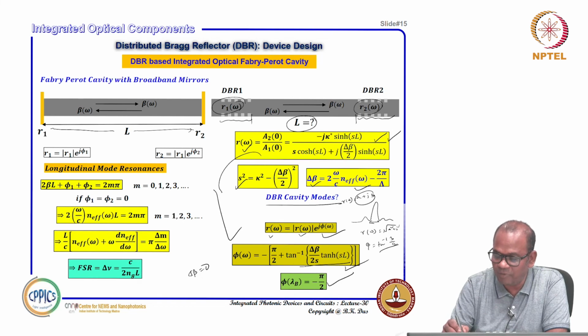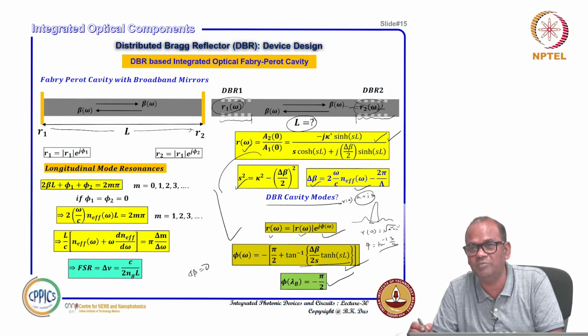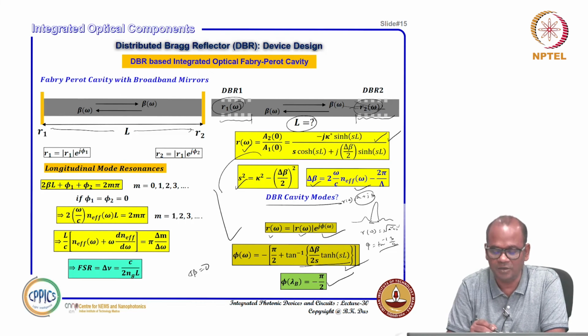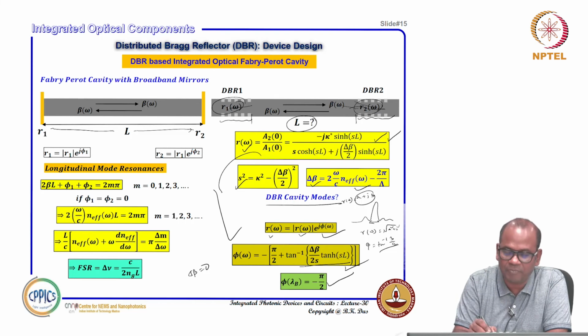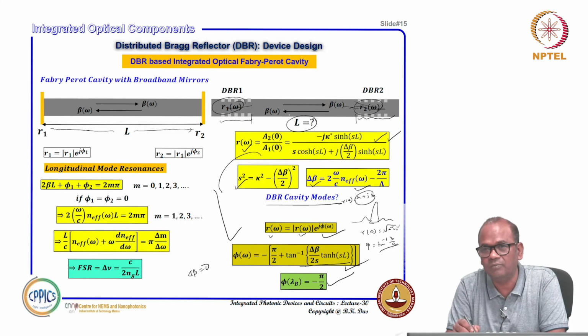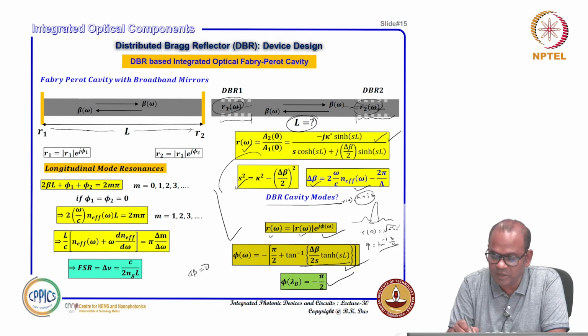Because I know that any field, at the Bragg wavelength for example, or any other wavelength within the stop band, decays exponentially and reflects back. So, the field penetrates into the DBR, then reflects back partially. Similarly, it will penetrate inside and reflect back partially. So, can we use L exactly this one?